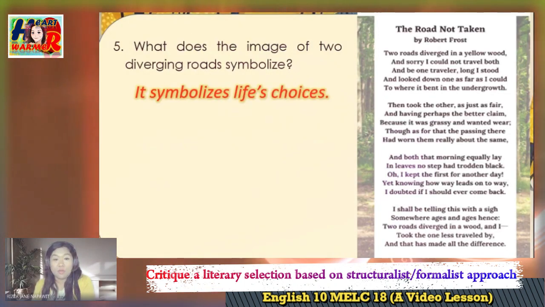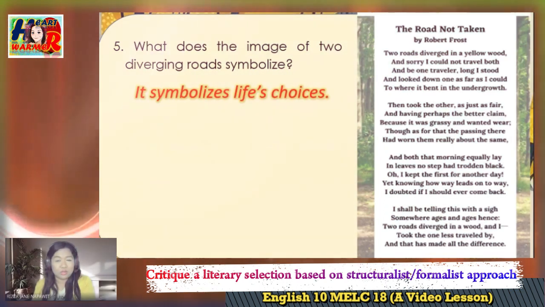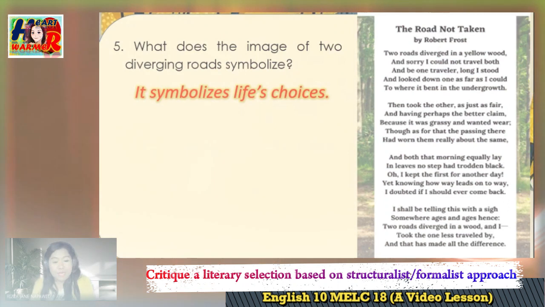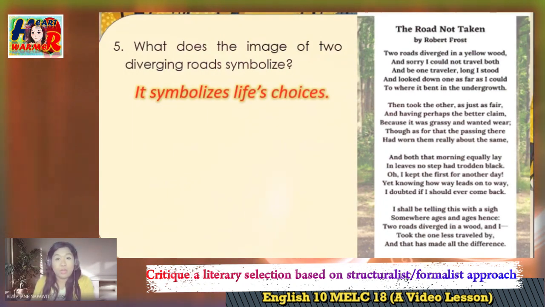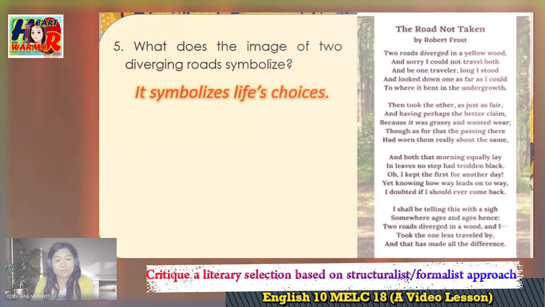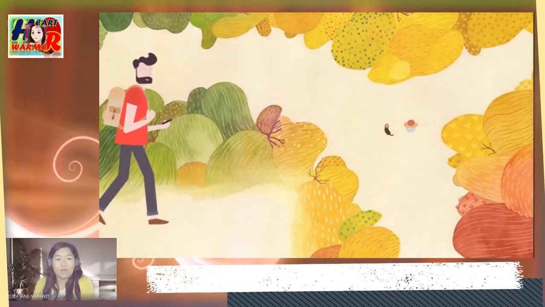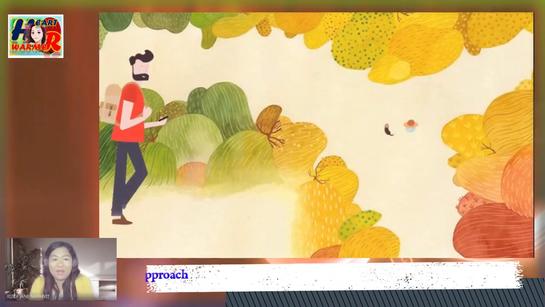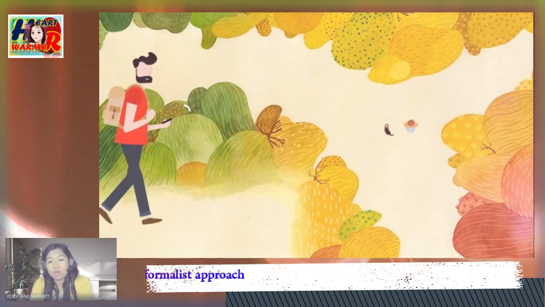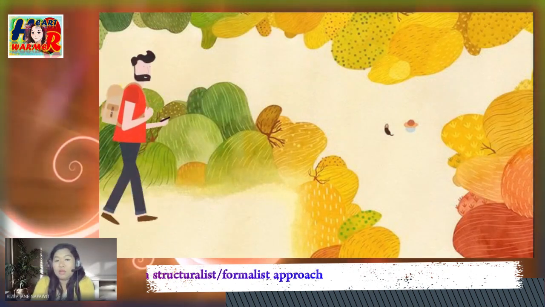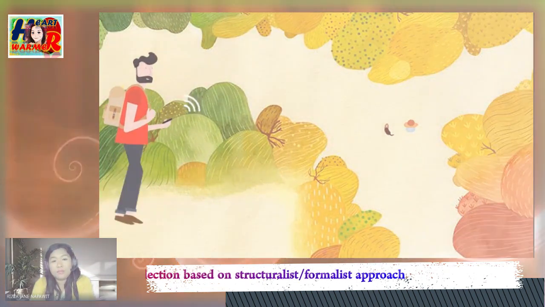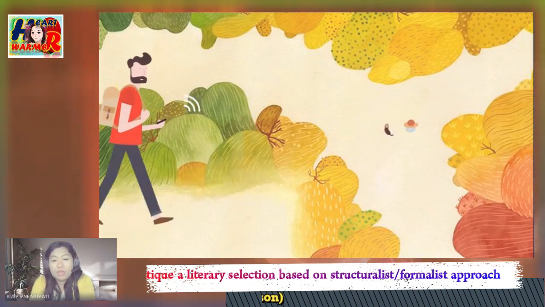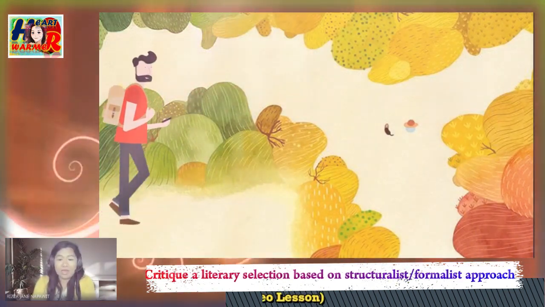It symbolizes, obviously, life's choices. So in life, we will really meet certain situations wherein we need to make a choice. Alright, so I think we have traveled a lot today with how Robert Frost describes the things that he saw as a speaker of the poem in his poem, The Road Not Taken.